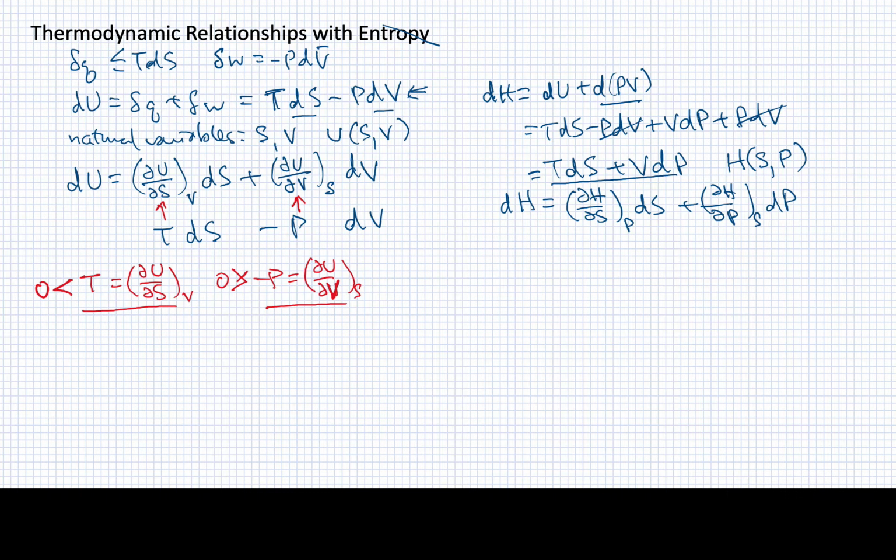So I can find that, for example, this is equal to TdS plus V dP, and that allows me to relate T as equal to the partial of enthalpy with respect to entropy at constant pressure, and volume is related to the partial derivative of enthalpy with respect to pressure at constant entropy.